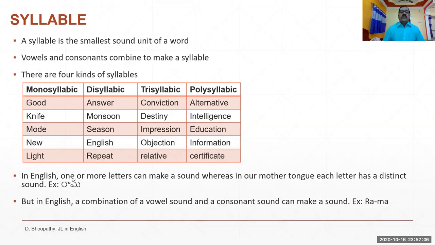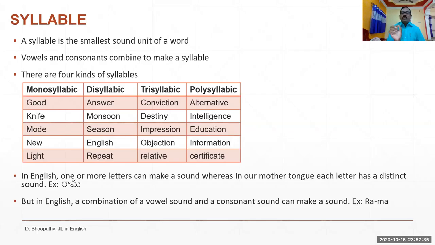Mesh: M-E-S-H, 4 letters, but giving only 1 complete sound. For example, Rama: R-A, 2 letters, 1 consonant, 1 vowel, a single sound, Ra. M-A, Ma.